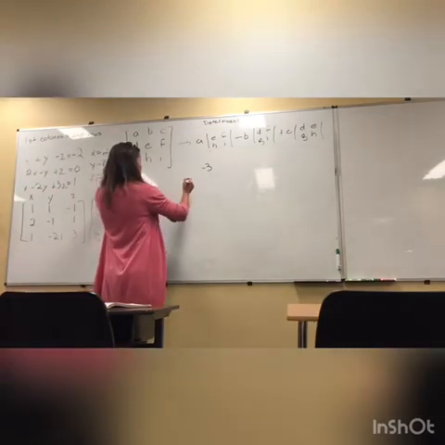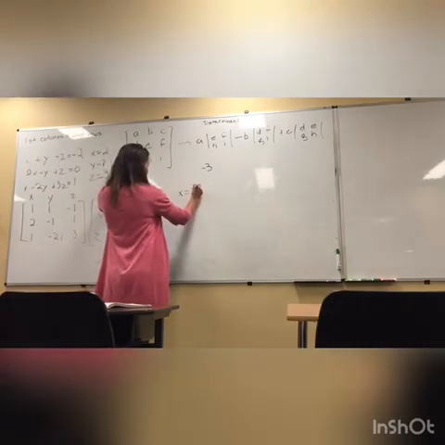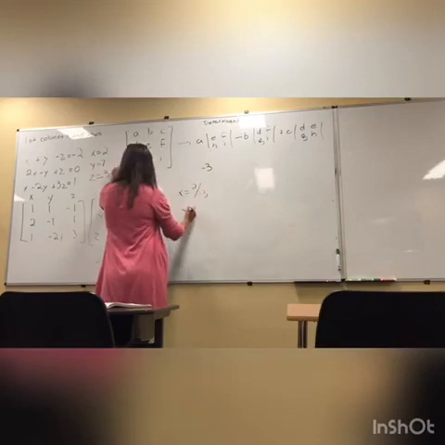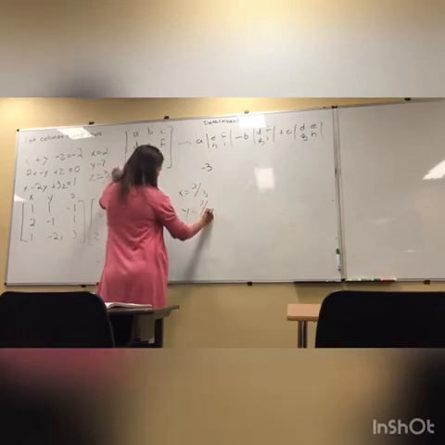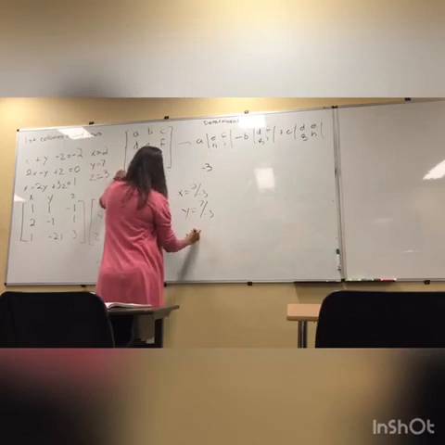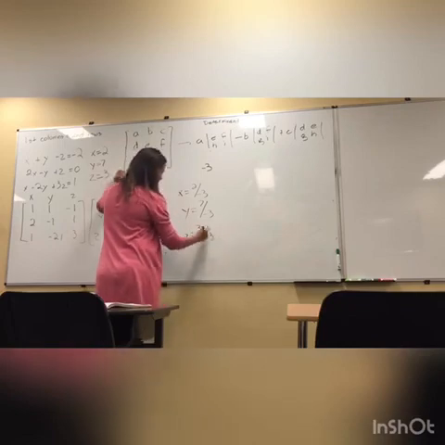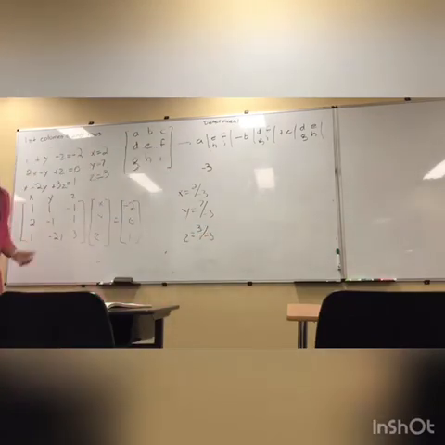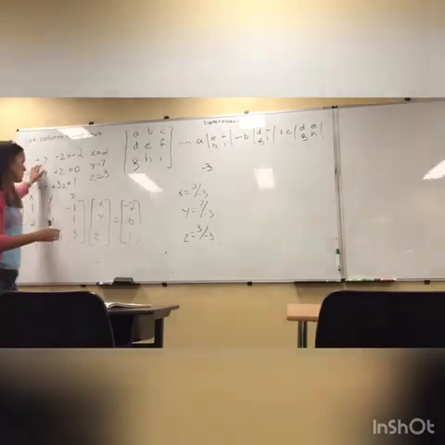In this case, we get x equals 2 over -3. y equals 7 over -3. And z equals 3 over -3. Now, we're going to test this real quick just because that was a lot of math and we want to be sure. But I'm going to test it right here because that's the easiest one to test it in, okay?